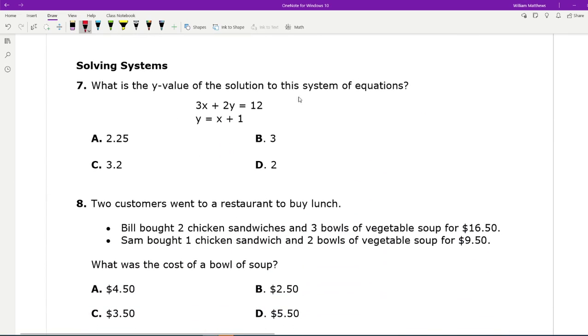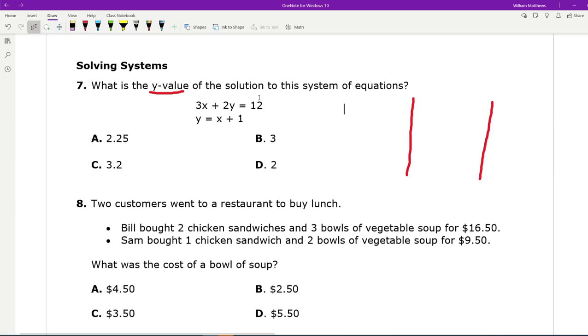Number 7 is actually a system of equation problem where they want us to solve. It asks for what is the y value. So once I find out what y equals, I am done with my problem. But if I look at this, it already has y by itself, which is a sign of substitution property.